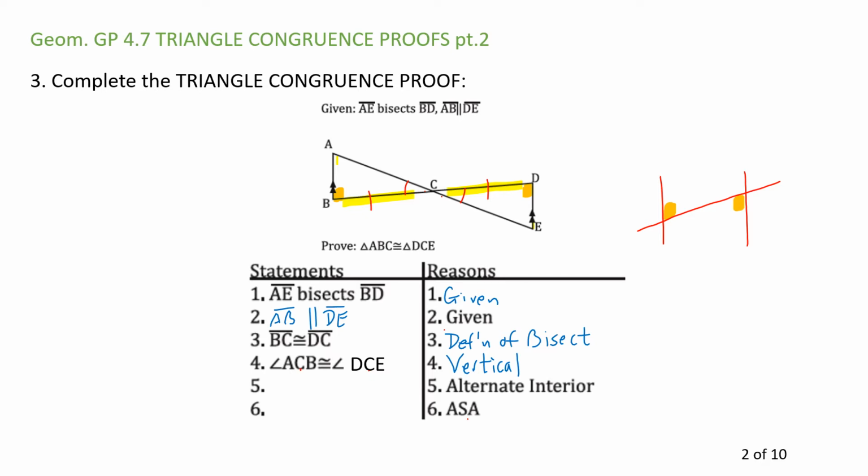It's still alternate interior. It's just that they specifically wanted angle B congruent to angle D. However, it's also true that angle A is congruent to angle E. Perfectly legitimate method for proving the triangles are congruent.